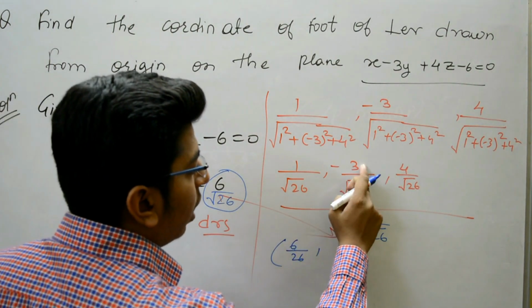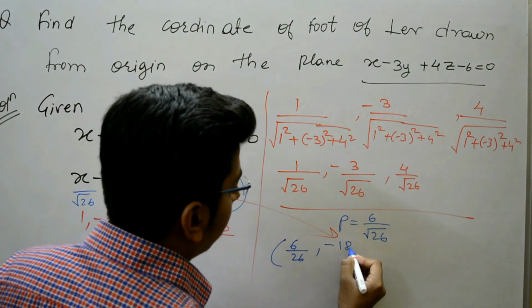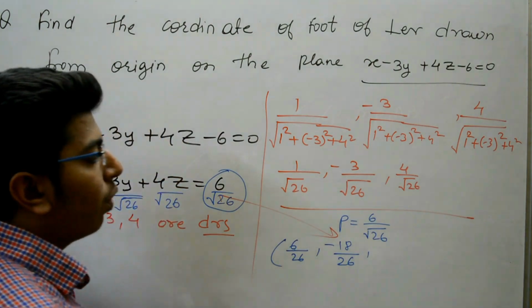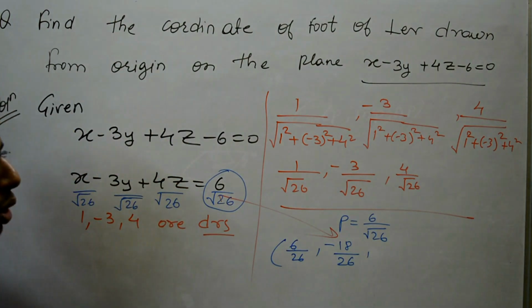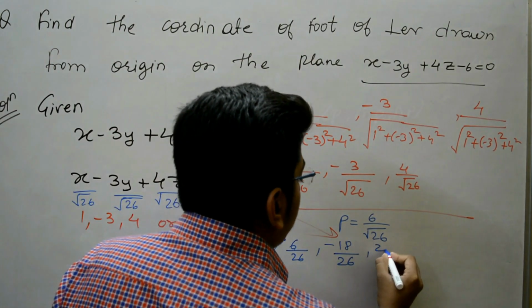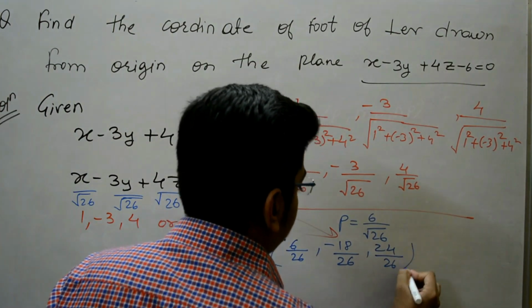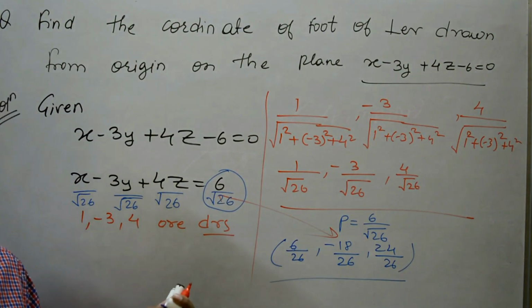Similarly, minus 3 into 6, that is minus 18 upon 26. Similarly, 4 into 6, that is 24, and root 26 into root 26 is just 26. These are the foot of the perpendicular.